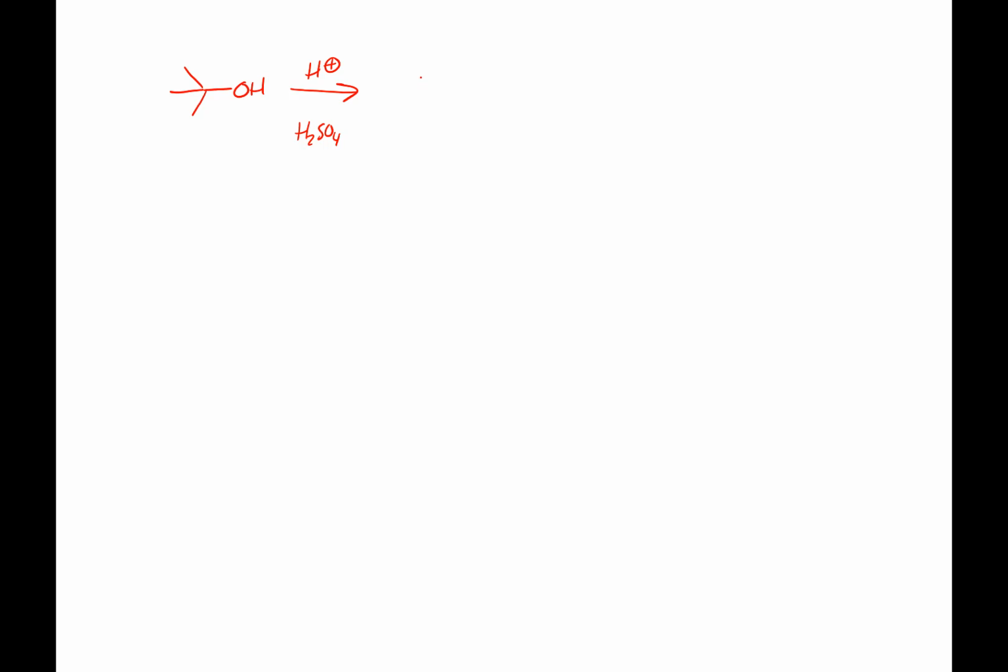If we do that, we're going to end up protonating the oxygen. How many tens to hundreds of times have you done that? A lot. Then we break the bond, and I form my tertiary butyl carbocation.